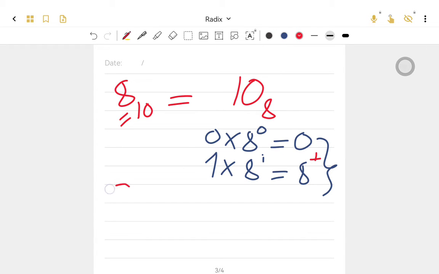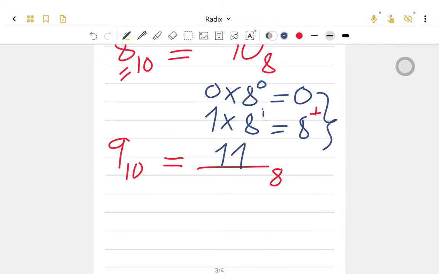And then for number 9 in decimal, that is equal to blank in octal. That is, of course, 11, because we have 1 times 8 with the power of 0, that gives you 1. And then another 1 times 8 with the power of 1, that is 8.